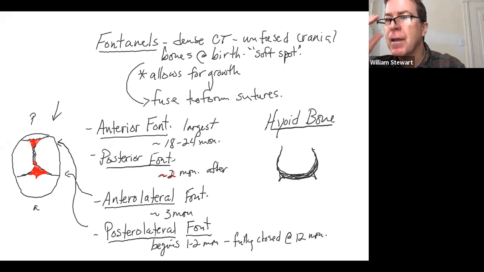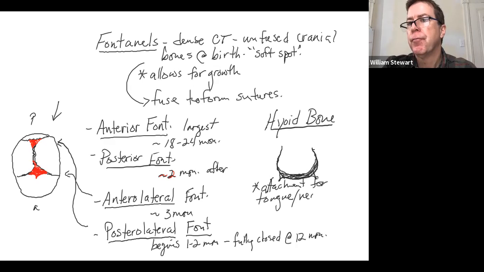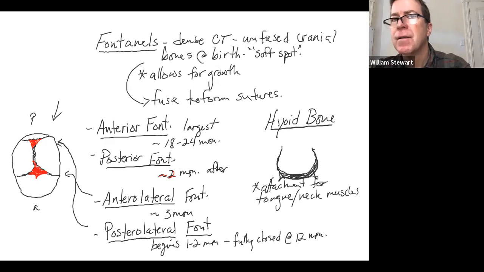It's embedded in ligaments and muscles. Basically, its function is it's an attachment site for tongue and neck muscles. It really does help us manipulate the tongue to articulate speech.